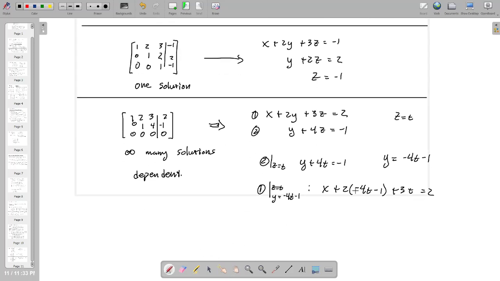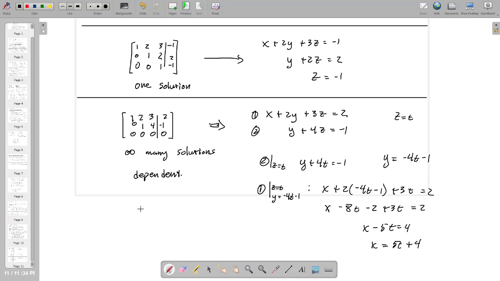Then all we do is solve for x, and we're done. If we distribute our 2, then we get x minus 8t minus 2 plus 3t is equal to 2. So we add our 2 to the right, and we combine like terms here with a negative 8t and a 3t. We have x minus 5t is equal to 4. Add our 5t over, and we have x is equal to 5t plus 4.